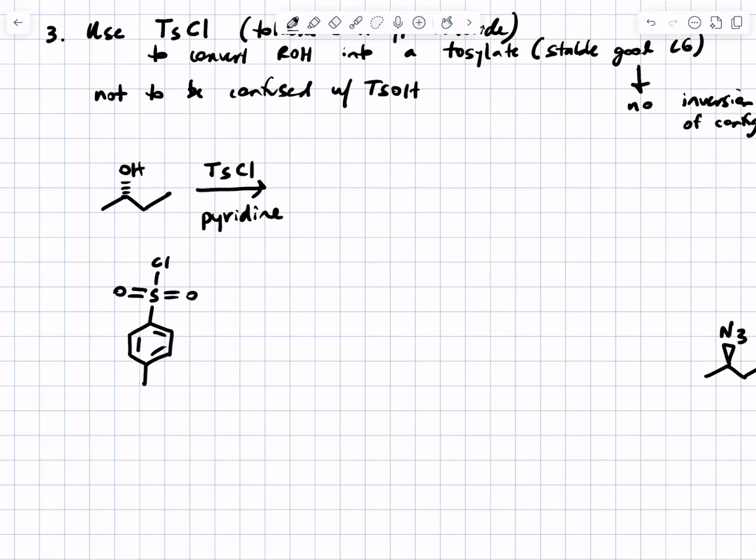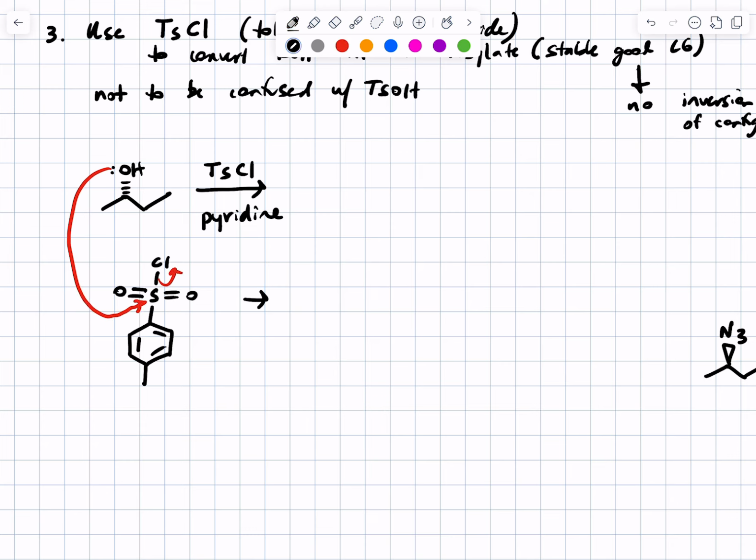What ends up happening, and again, I'm going to show you some mechanistic steps so you can follow along a little bit. We're not going to draw a full mechanism for this, mostly because it's in your text and it's not really worth our time. It's not going to help that much. OH will attack the sulfur and the chloride will leave.